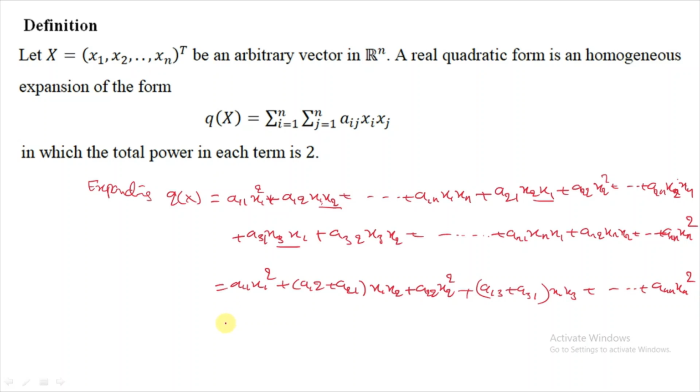By using the definition of matrix multiplication, we will get x transpose A x.